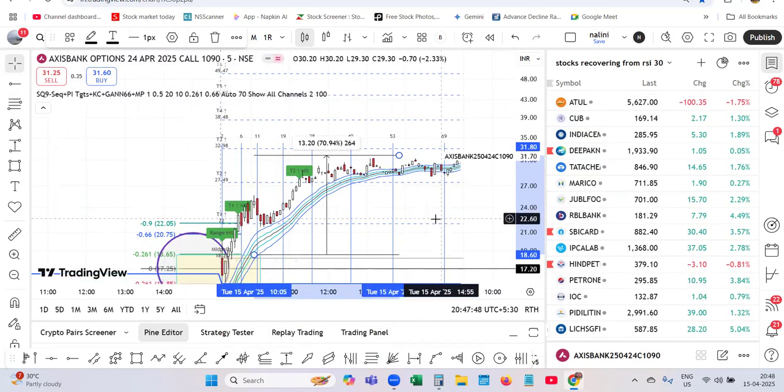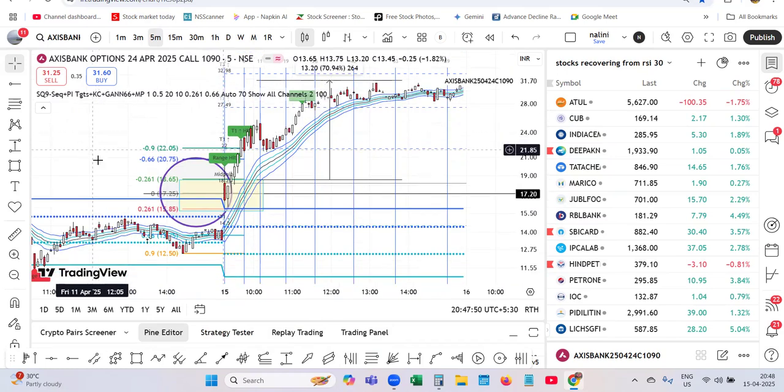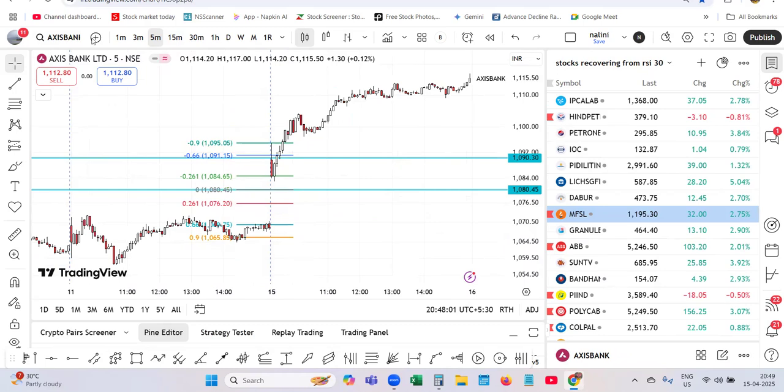Here it came below the 180 degrees and it tested the 0.261. That is the difference. It made a low of 16.85, whereas in Axis Bank underlying, it is not coming below the circle's diameter. That is the difference between the underlying and the option trading.